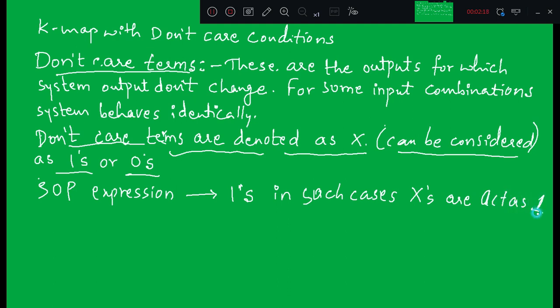Similarly, when finding the simplified POS expression, we group all the zeros in a K-map, and in such cases the don't cares are considered as 0, or they act as 0.